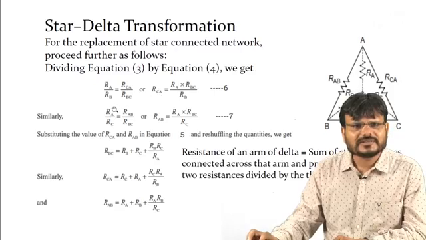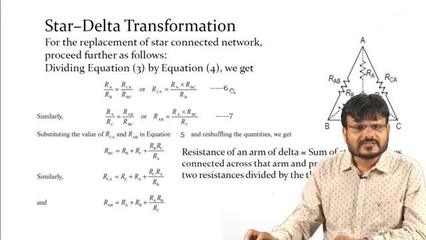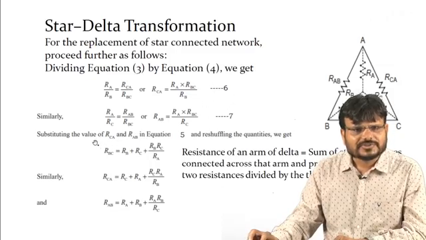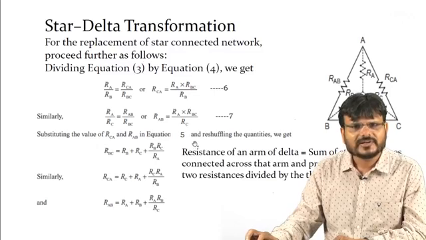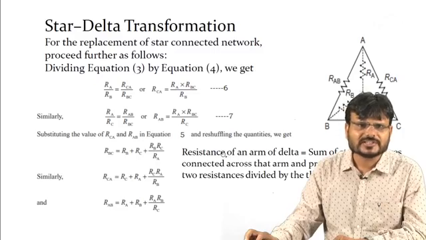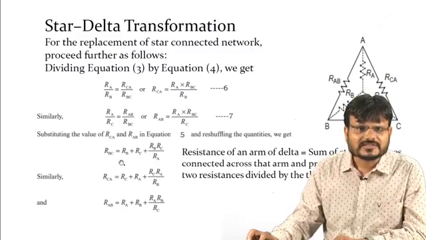Similarly, you can write this equation for RA upon RC, and after getting this equation and substituting the value of RCA and RAB in equation 5 and reshuffling the equation, you can easily calculate the resistances RAB, RBC and RCA.